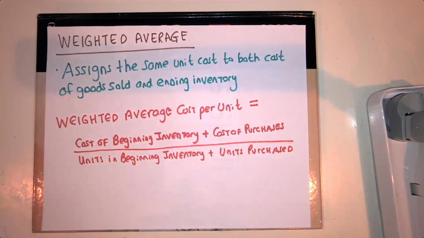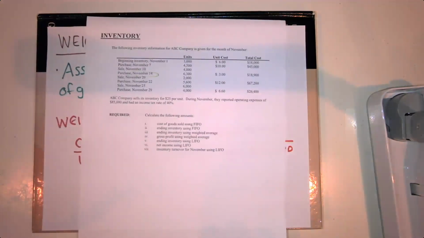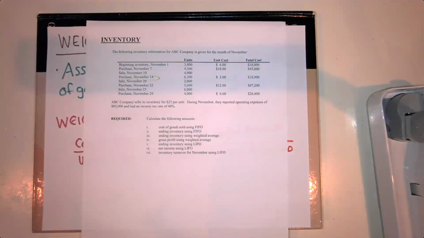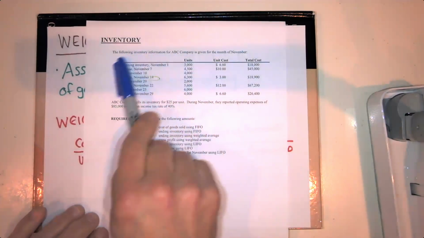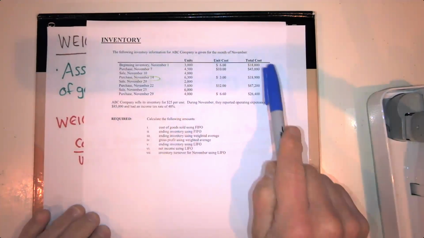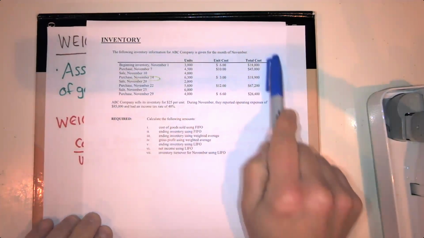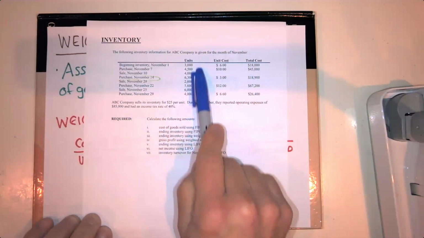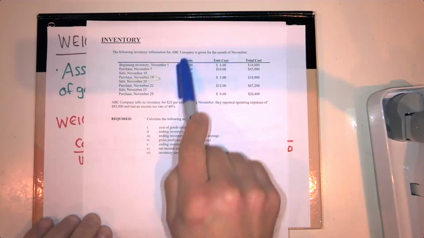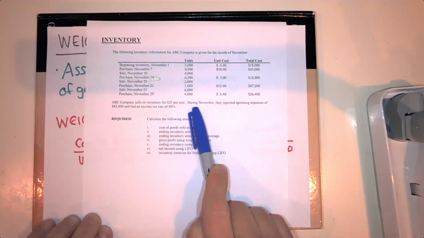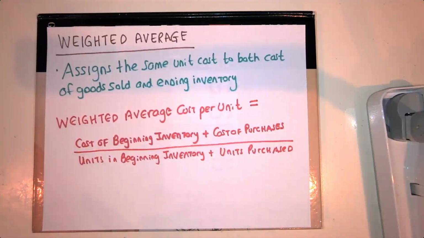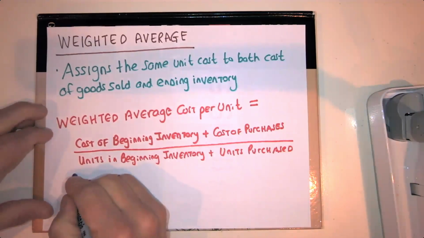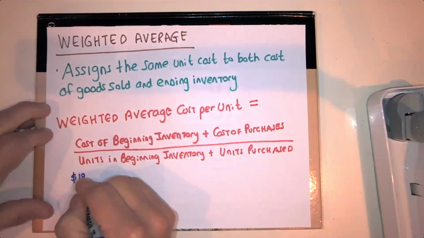And the good news is all of those numbers are given to us in the problem. If you look here for a second, the inventory information is here. This very last column gives us the cost of the inventory, and this column right here gives us the number of units. So when I look at my beginning inventory, the cost was $18,000.